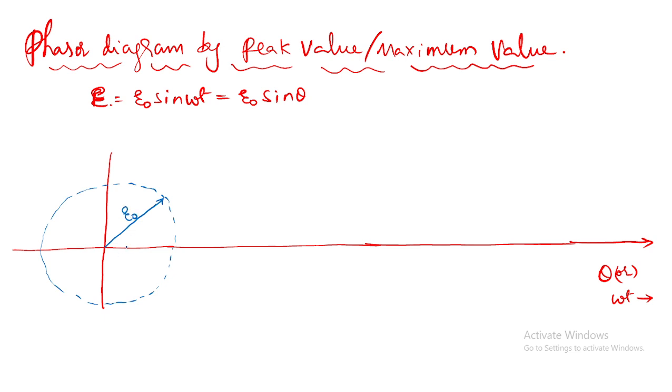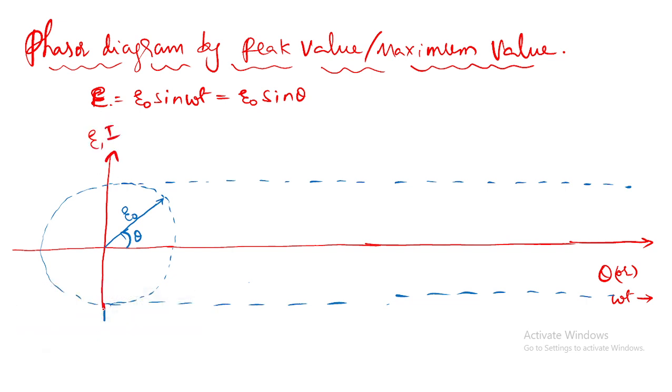This is the E naught. You are rotating in the anti-clockwise direction, which is theta. This is the peak value. This is the EMF as well as current I will show you. This is a negative EMF, meaning reverse EMF, and reverse current.